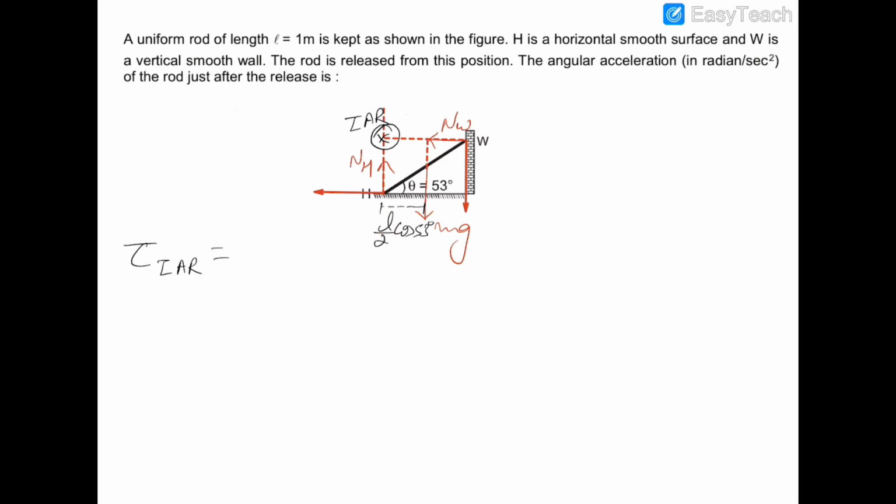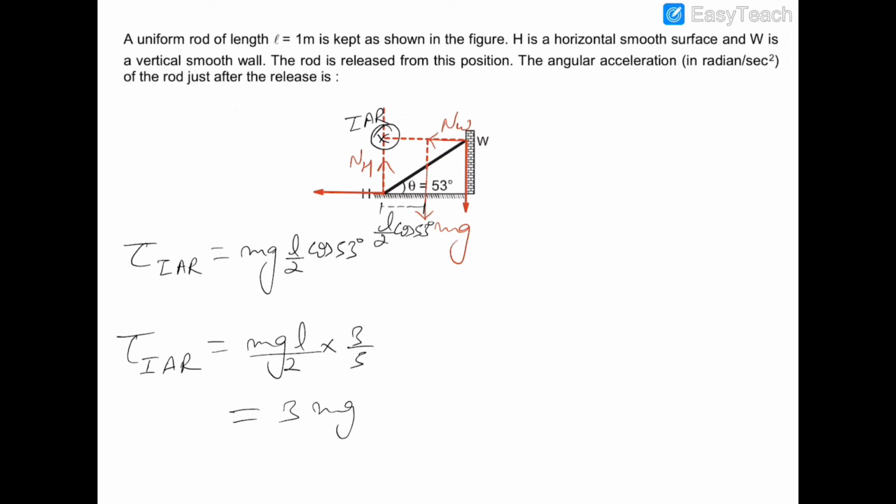So torque of mg about IAR would be mg into L by 2 cos 53. So torque about IAR would be equal to mg L by 2, and cos 53 is 3 by 5. So this is 3 mgL by 10.